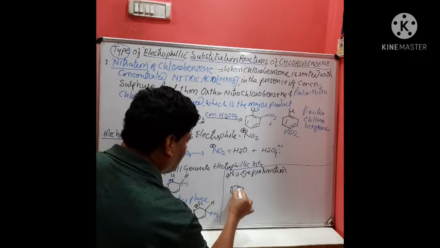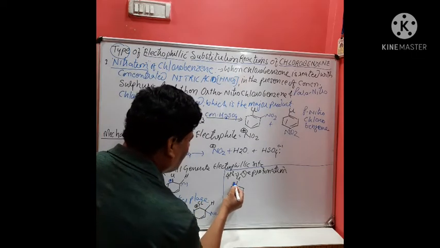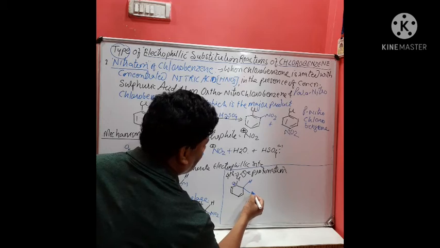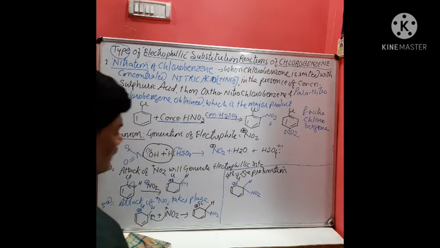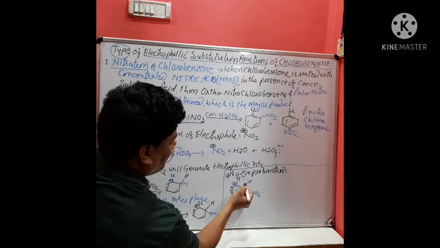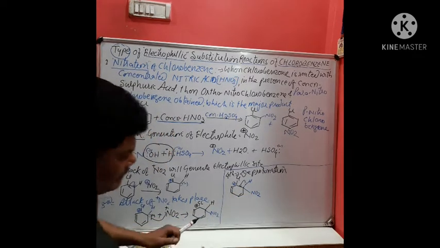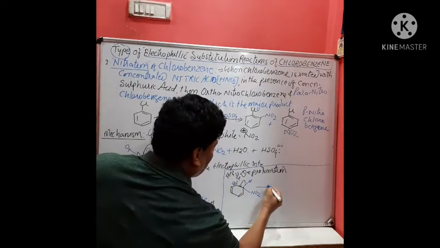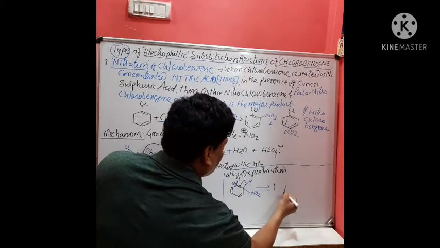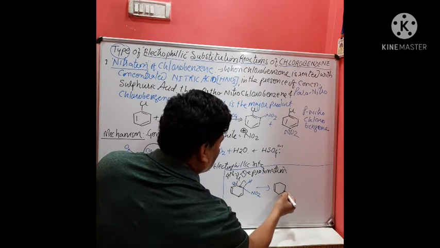So in deprotonation, now the species obtained in the fourth step is this one. This is Cl, earlier there is plus charge. This is hydrogen. This is NO2. And now the bond pair of the CH bond is again taken by the adjacent carbon. Thus now the NO2 will completely occupy the carbon position.